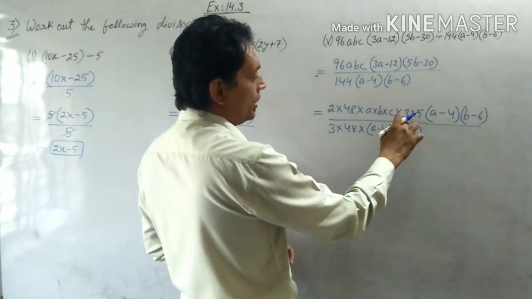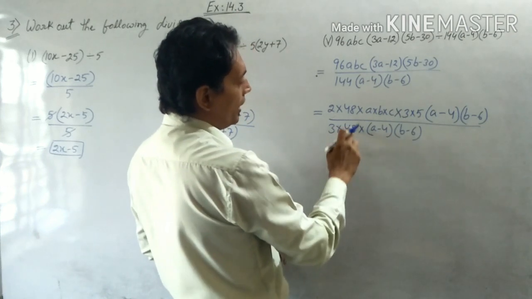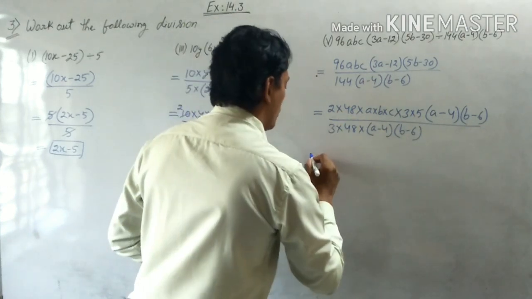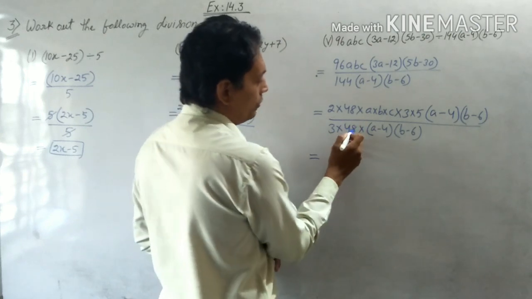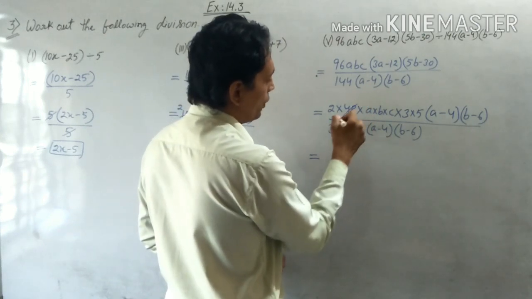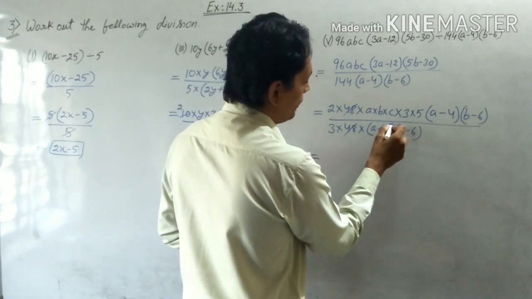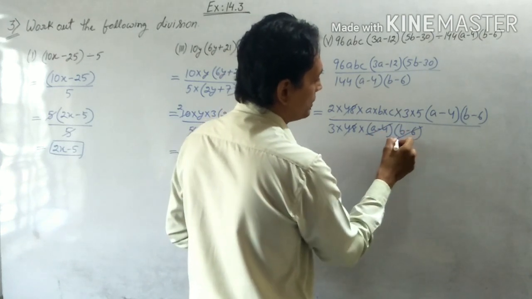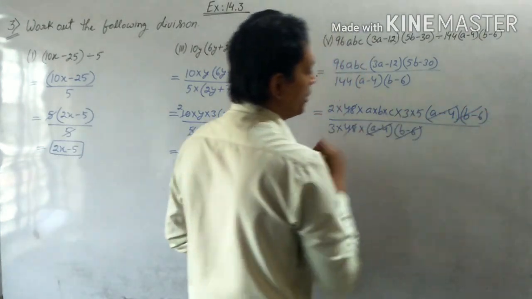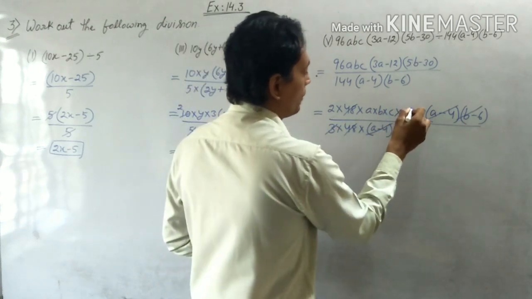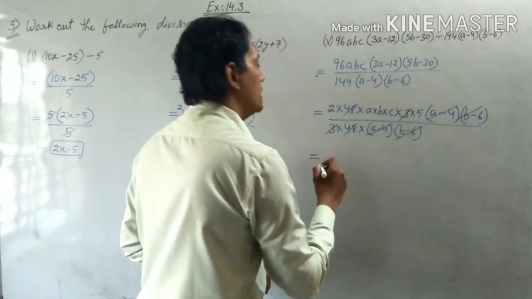Again 3 is here, 3 is here, this gets cancelled, and 48 gets cancelled. Just to make it a little easier, let's cancel this. So the rest of the thing you can clearly see.